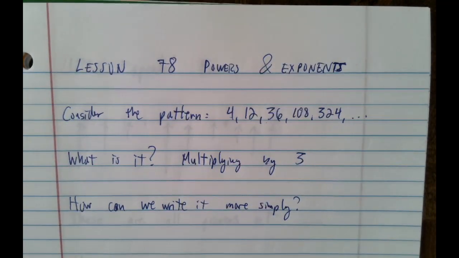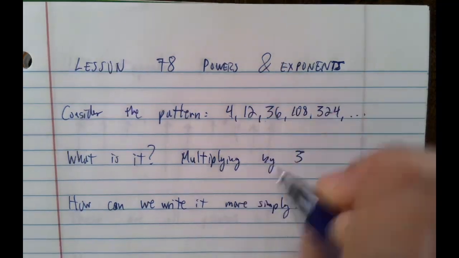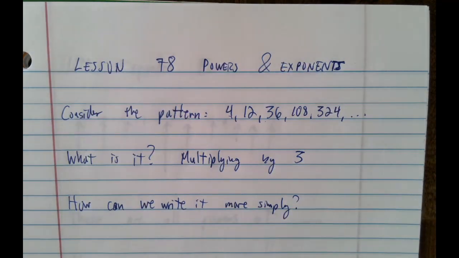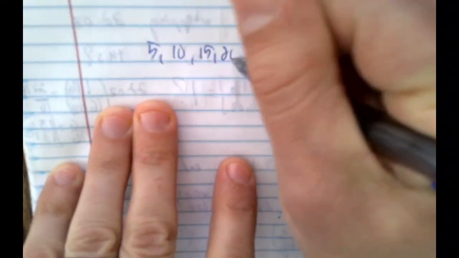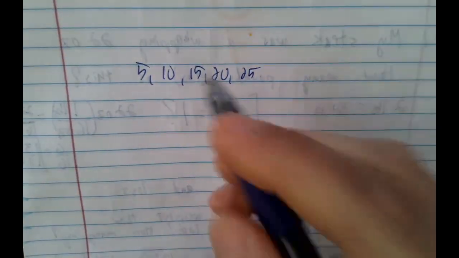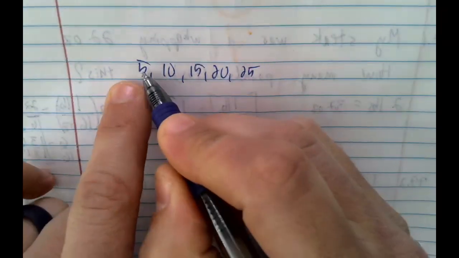Maybe you remember, when you first learned about multiplication, that was the process of repeatedly adding a number. For example, just a quick recap here. Let's say we had 5, 10, 15, 20, 25. What we're doing here, we're just adding 5 every time. I've added 5 once to 0.